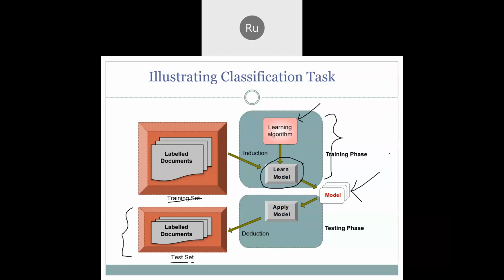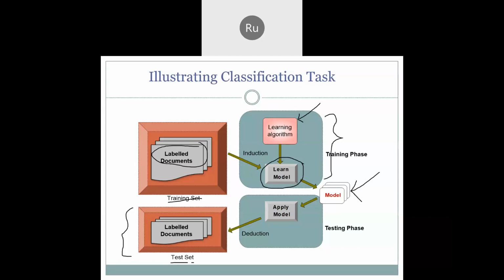Okay, so we have two phases. One is training, second one is testing. So you only perform the testing once you have learned the model or once you have trained the model, then you can look at the accuracy. Okay, so this is the classification task. The main idea is that we need to know the background knowledge.